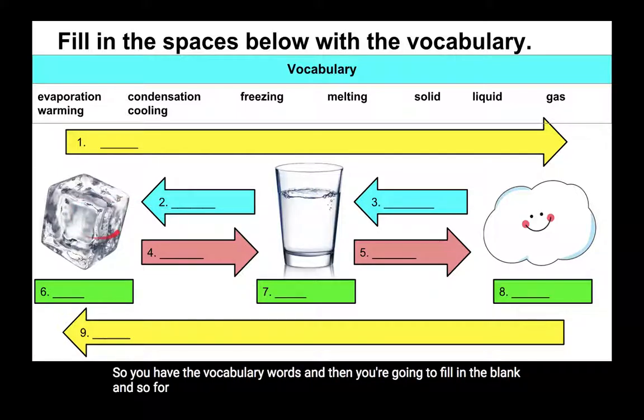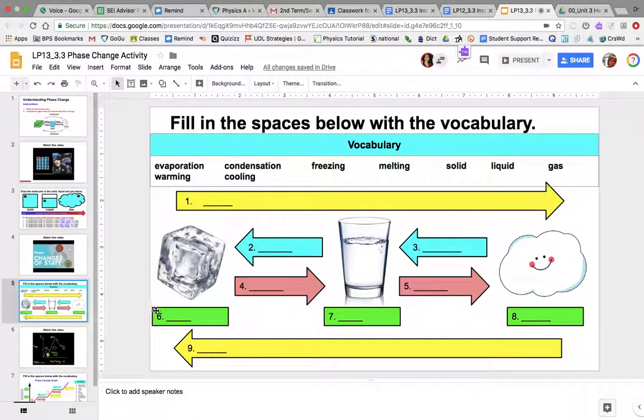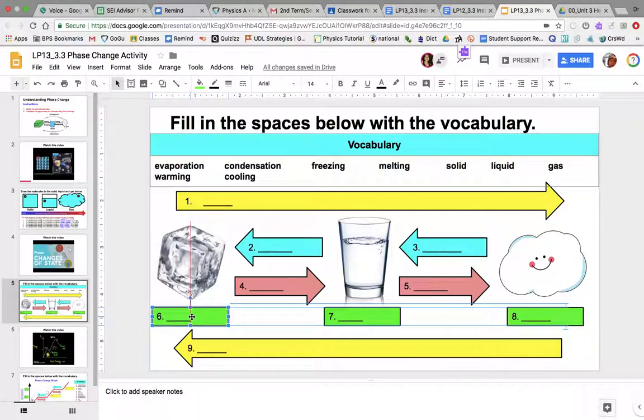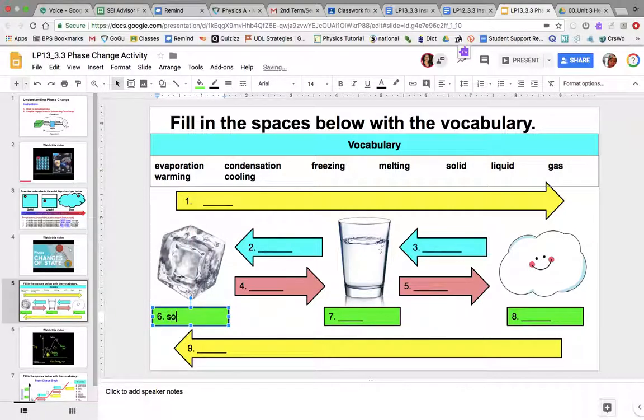So, for example, this one here, is this a solid, liquid, or a gas? So this is ice. It's water in a solid form. So for number 6, I would write solid. Okay? And you're going to repeat that for 1, 2, 3, 4, 5, 6, 7, 8, and 9.